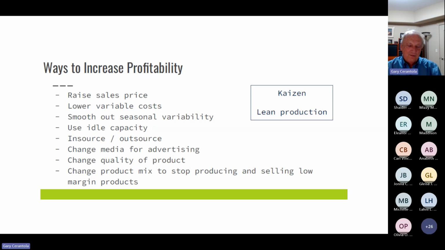You're better off, it's easier to increase your profitability by lowering your costs in overhead than through your cost of goods sold. I mean, you could do both, don't get me wrong, but it's easier with some things because sometimes on your overhead you can defer costs. You can say, well, you know what, we're not going to hire that additional HR person because we don't really need them until next year, those kinds of things, right?